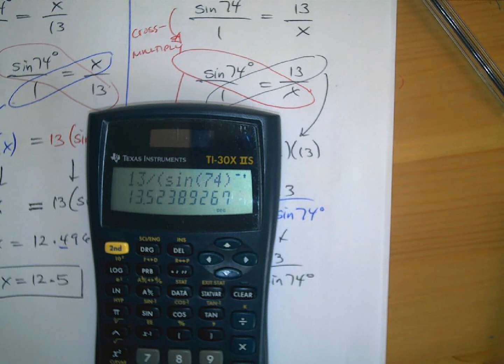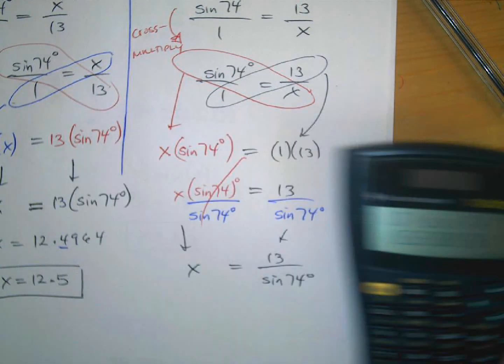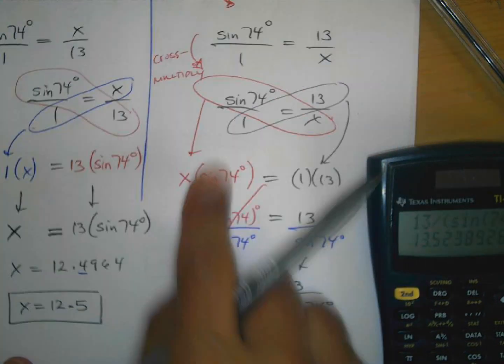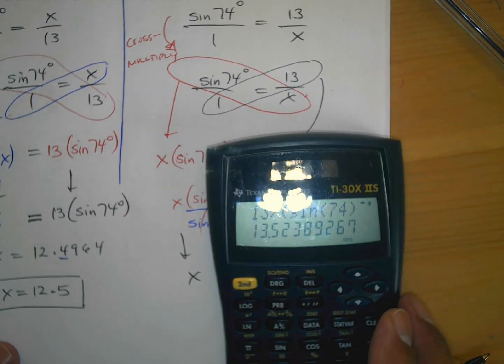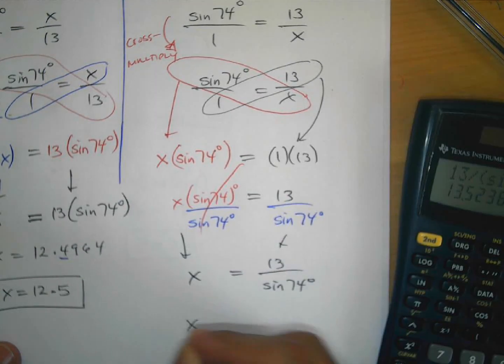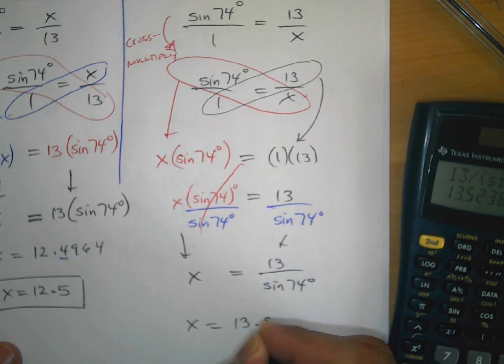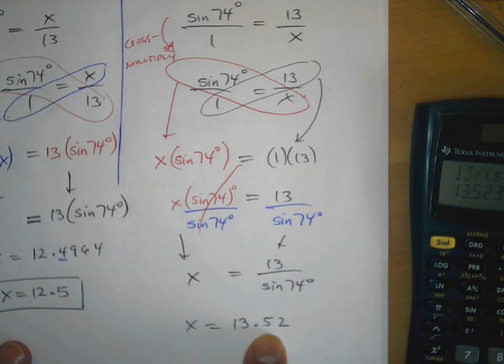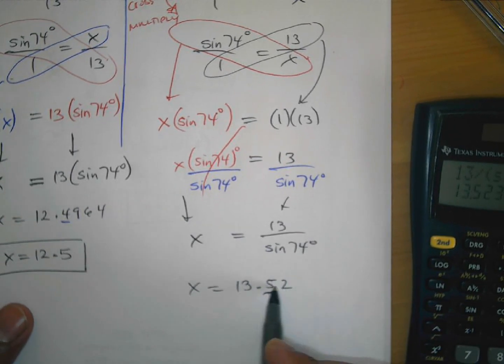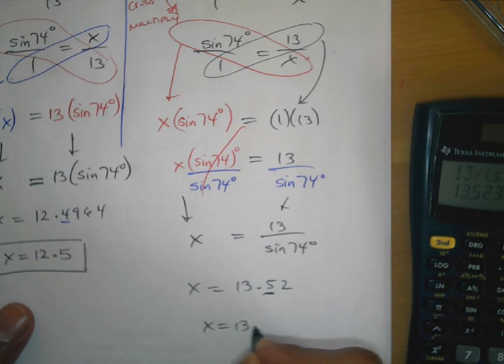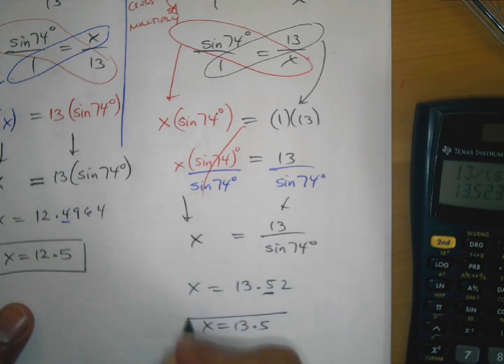You get 13.52. But you're not going to get the same answer as this one because it's a different problem, remember? We got 13.52. But you have to round it to the nearest tenth. That's the tenths place. The 2 does not bump it up, so 13.5.